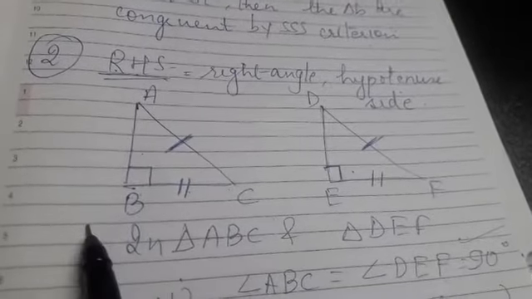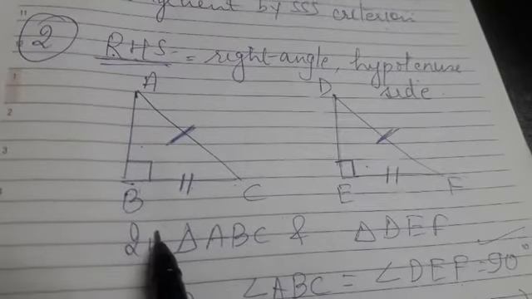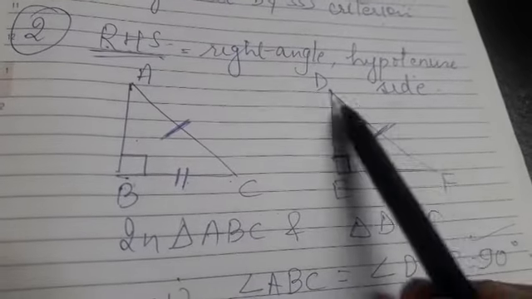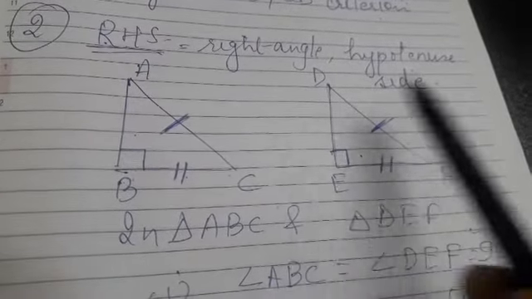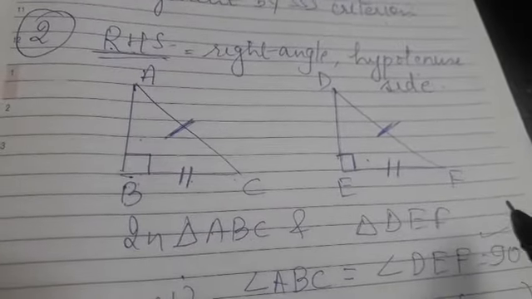And here you can write, when the right angle, hypotenuse and one side of one right angle triangle is correspondingly equal to the right angle, hypotenuse and the side of another triangle, then the triangles are congruent. Okay, now the statements I think are given in the book, you can learn it.